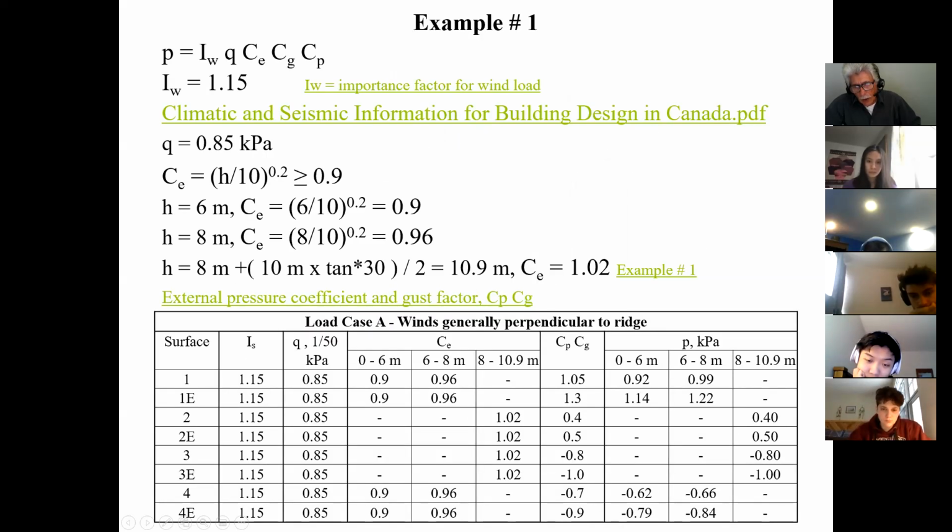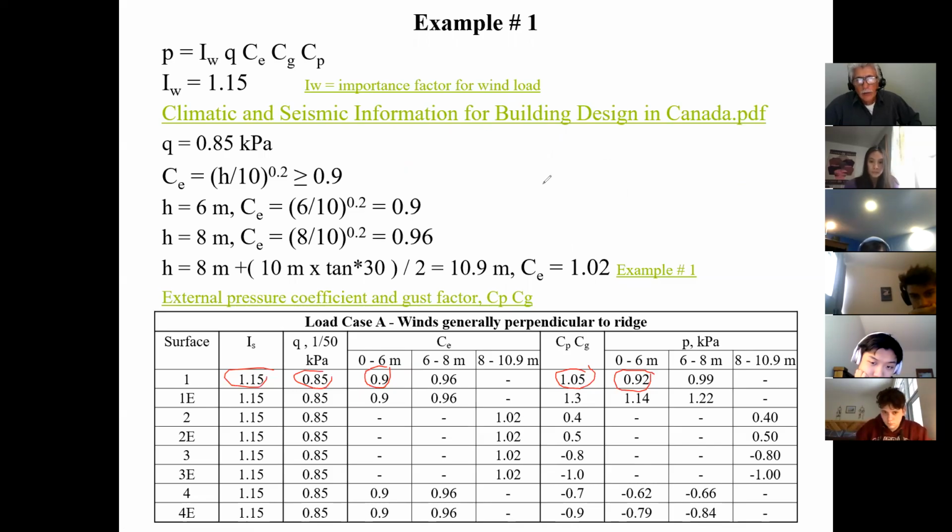And then once I do that, I do the math. In other words, from 0 to 6 meters, it would be this value multiplied by this value, multiplied by this value, multiplied by that value there. And that's how I get the pressure on surface 1 from 0 to 6 meters.